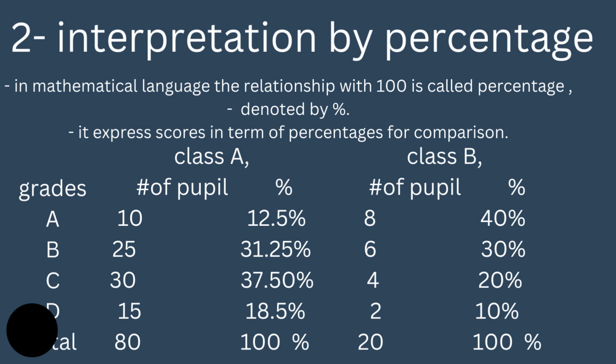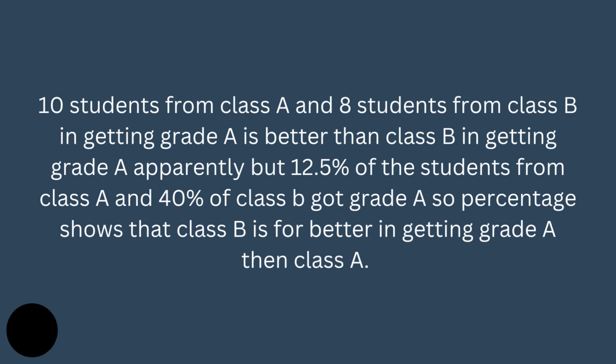Here is an example: in class A, 10 students with a percentage of 12.5 have received grade A, whereas in class B, with a percentage of 40, 8 people get grade A. So 10 students from class A and 8 students from class B achieve grade A, so A is better than class B in achieving grade A. But when we see the percentage, A has a percentage of 12.5, whereas class B has a percentage of 40%.